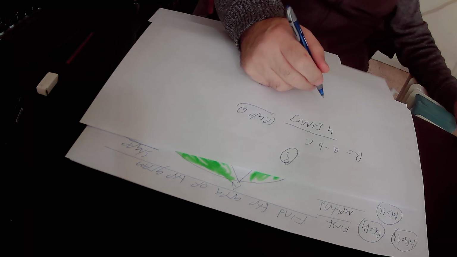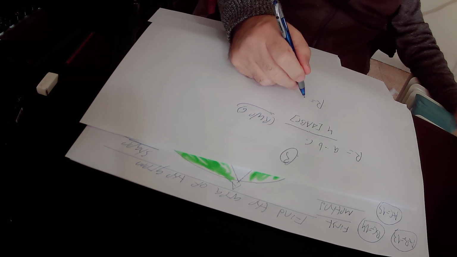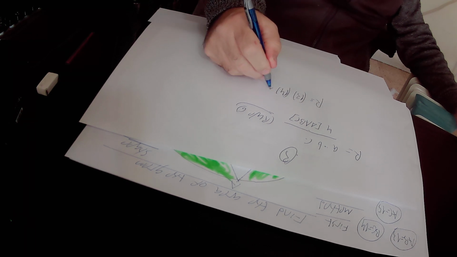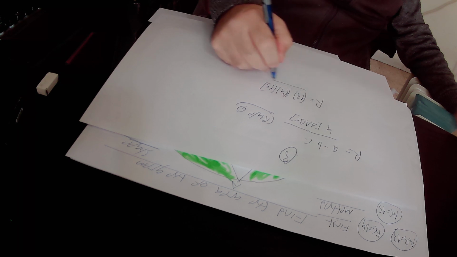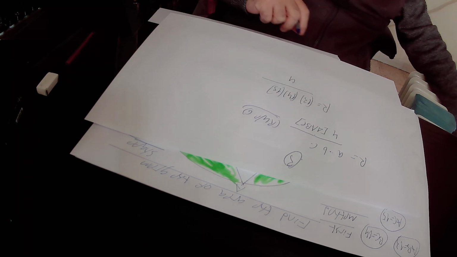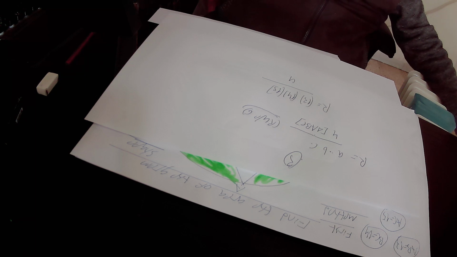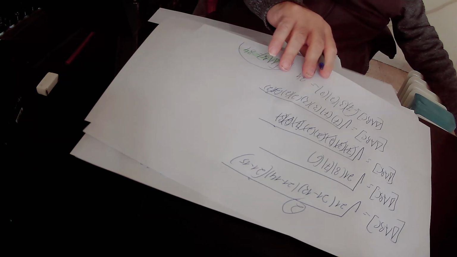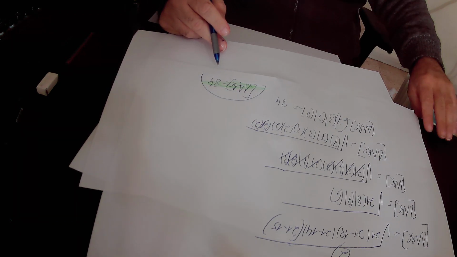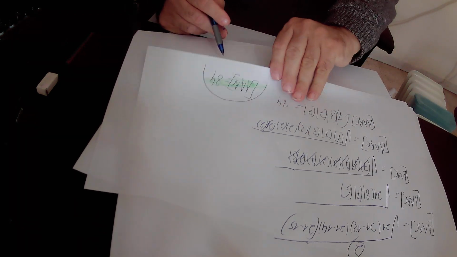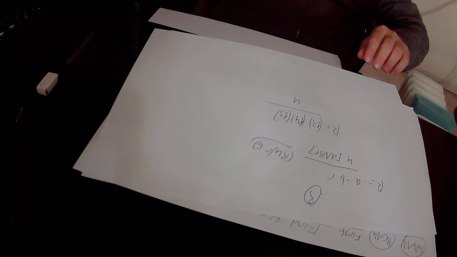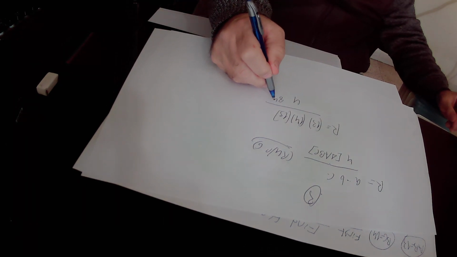So capital R equals A, that is 13, times B, that is 14, times C, that is 15, over 4 times the area of triangle ABC. We have already found out that the area of our triangle ABC is equal to 84 square units. So it is 4 times 84.